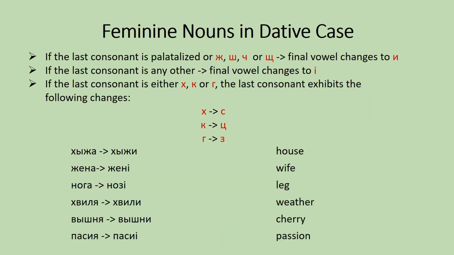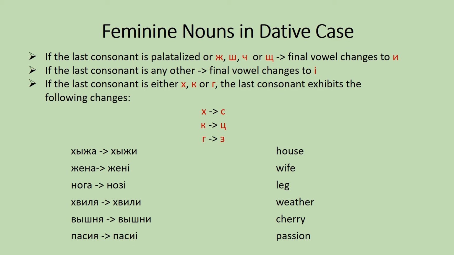Feminine nouns in the dative case. To put a feminine noun in the dative case, one needs to do the following. If the last consonant is palatalized, or zh, sh, ch, or sh, the final vowel changes to I. If the last consonant is any other, the final vowel changes to E. If the last consonant is either h, k, or h, the last consonant exhibits the following changes.